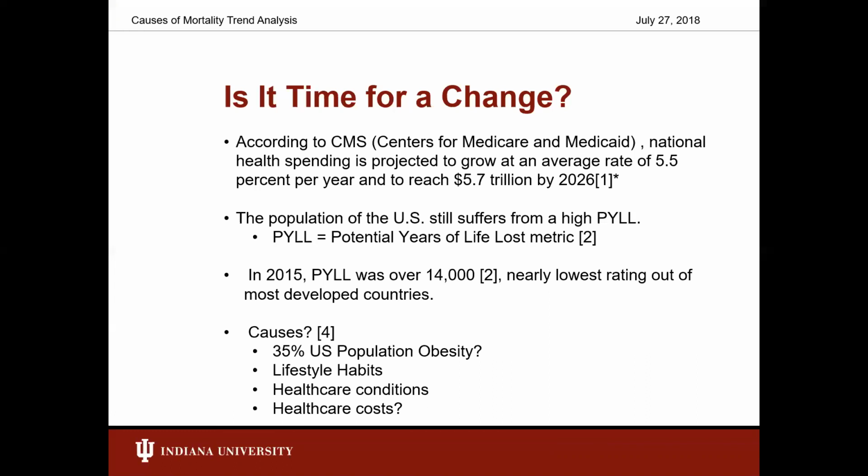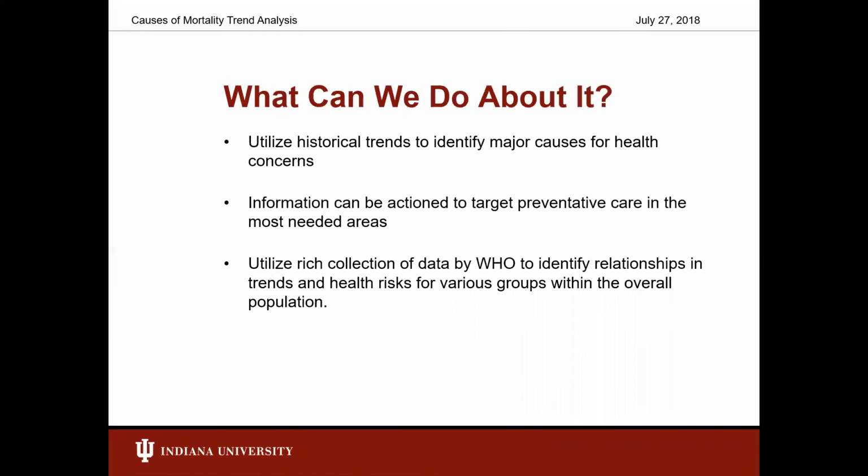So why is it that the US scores a PYLL that's so much worse than the other OECD countries? Is it due to the 35% US population obesity rate? Is it lifestyle habits, the condition of healthcare administered, or even the accessibility of healthcare due to costs or lack thereof? So that begs the other question, what can we do about it?